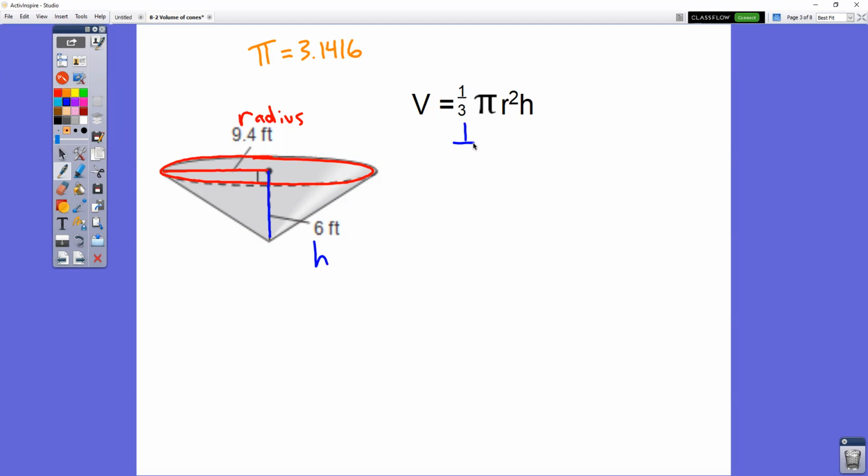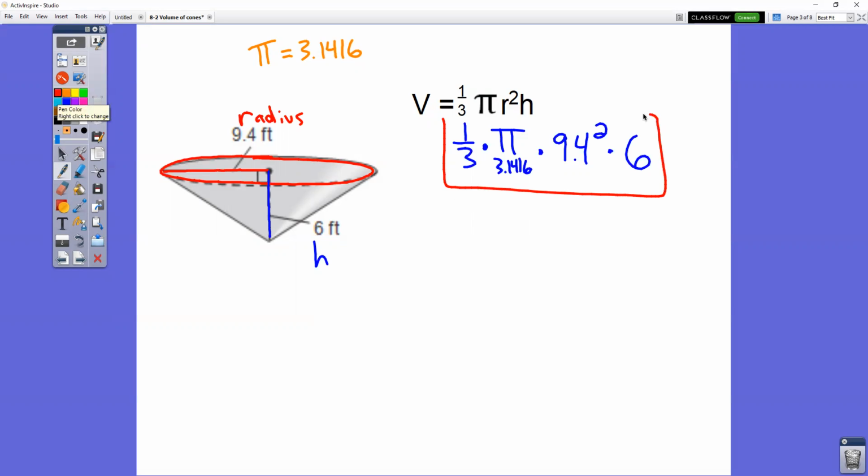So when we go to type it into the calculator, we have 1/3 times pi, or times 3.1416, times your radius squared, which is 9.4 squared, times your height, which is 6. You're going to type this whole thing right into the calculator.